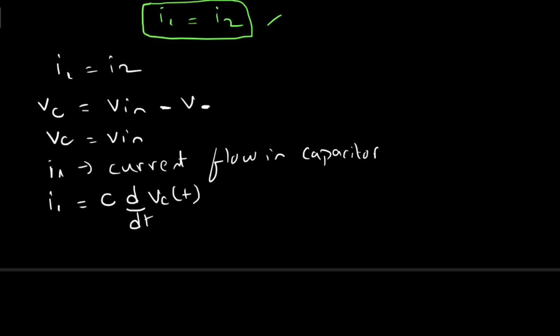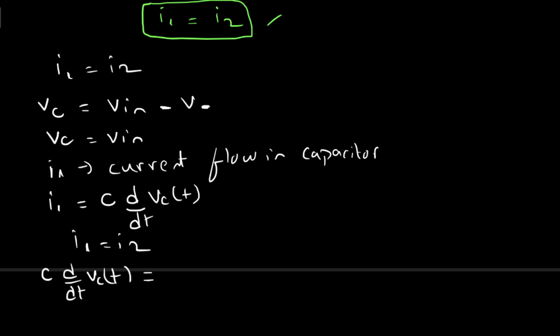Already we know that I1 equals I2, so in place of I1 you can write C d by dt of Vc of t equals I2.